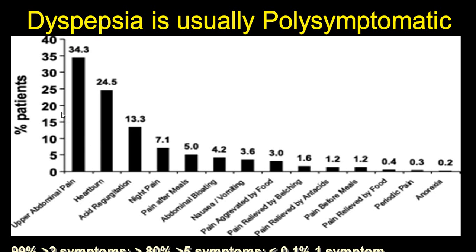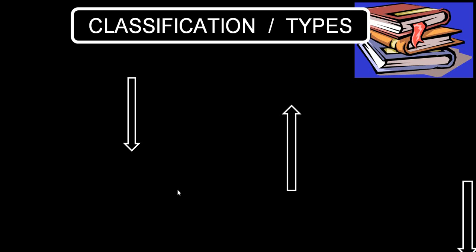But most common are these groups of symptoms: upper abdominal pain, heartburn, regurgitation, night pains, and pain related to meals.